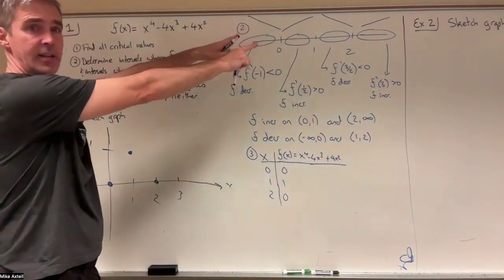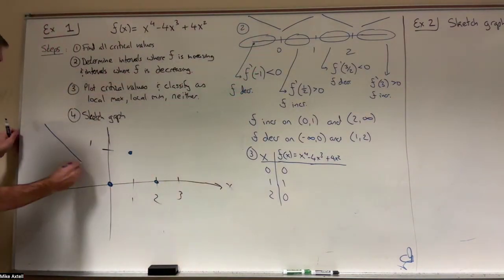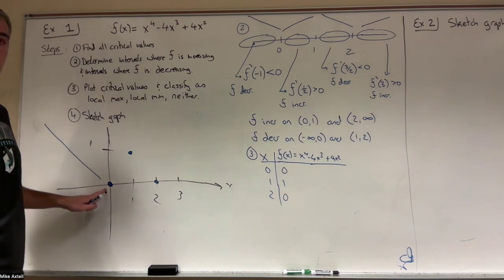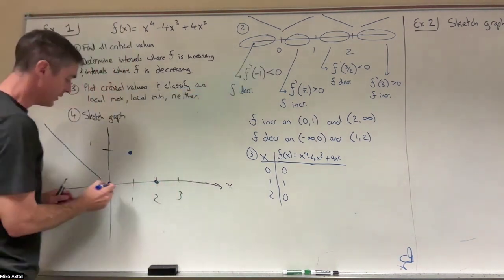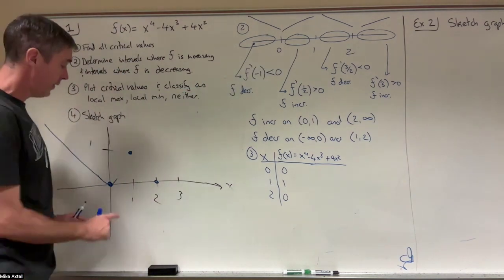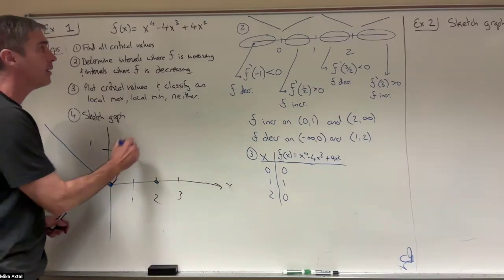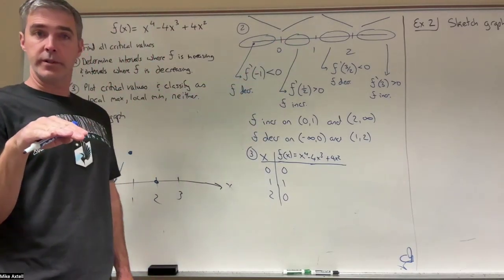Now I just have to take that shape and bring it down to here. So I'm decreasing until I get to x equals 0. And at x equals 0, the derivative was equal to 0, so I'm rounding that off, okay? Then I'm increasing until I get to 1. And at 1, f prime of 1 was equal to 0.